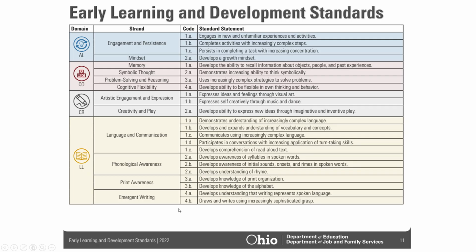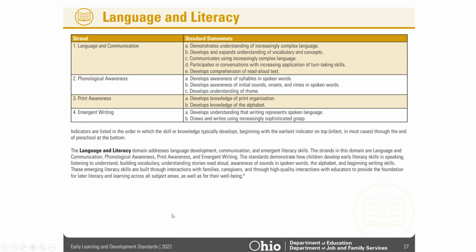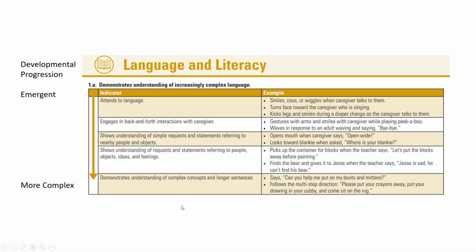When you actually go into the standards themselves, you will see the standard, but the nice thing is you get a developmental progression of what that standard looks like. Let me give you an example.